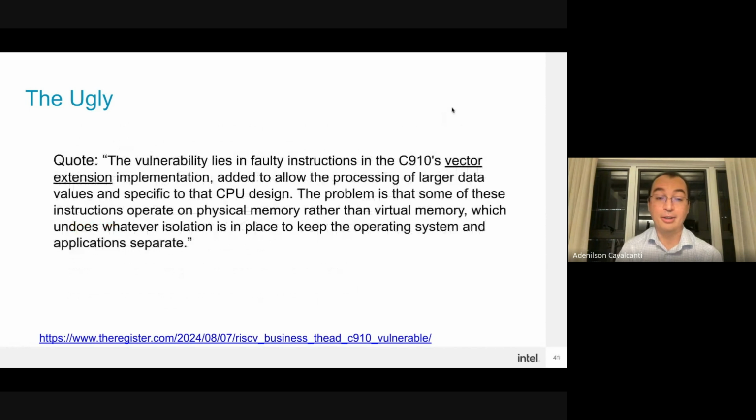Basically, using the vector extensions, using vector loads and stores, you could actually read and write physical memory, bypassing the MMU, which is pretty much a big no-no, because even if you have support for extensions for virtualization, if you can just bypass that, that's pretty bad. So expect some growing pains.